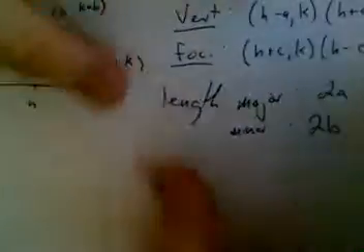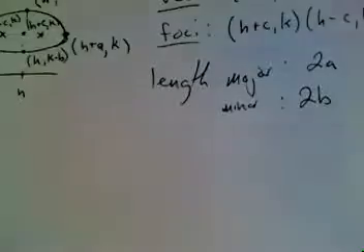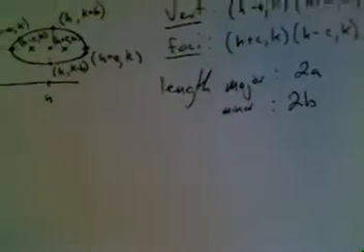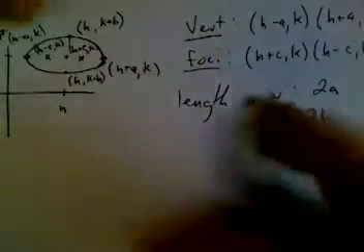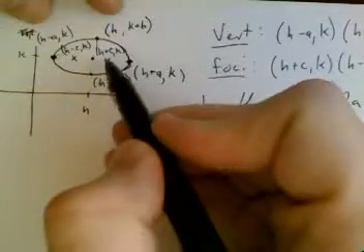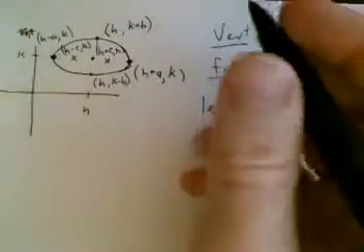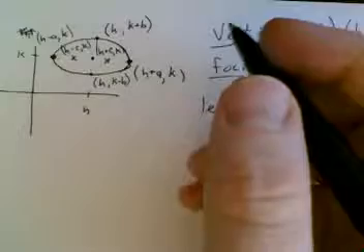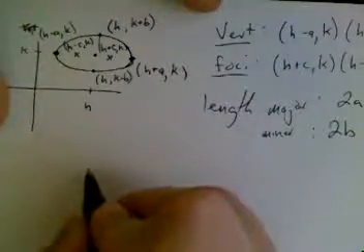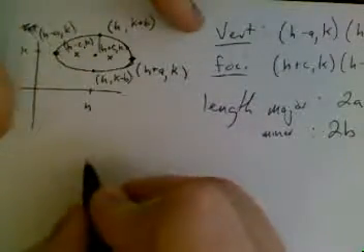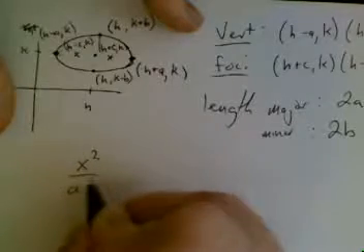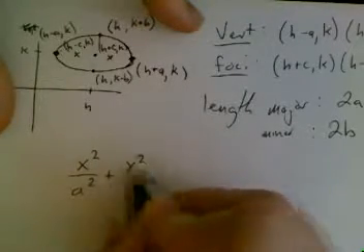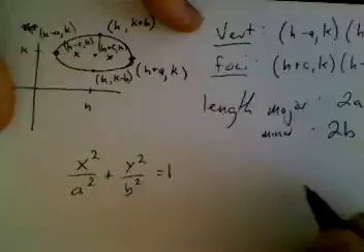Now, with all this information, what equation would satisfy all this information and still satisfy the concept that from the foci to the ellipse, I'm going to have those two distances added together? It'll always be the same number. Well, the equation for that is this. Okay, just like in the last video, we had x squared over a squared plus y squared over b squared is equal to a constant 1.